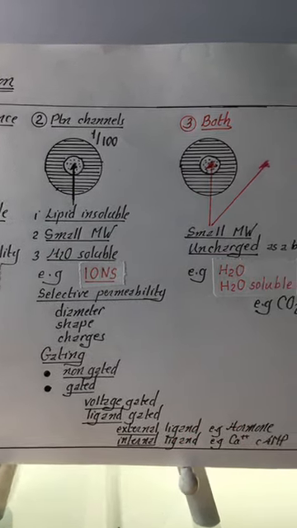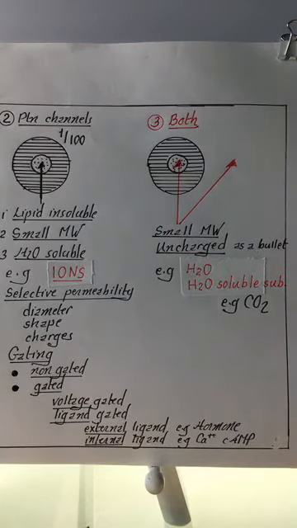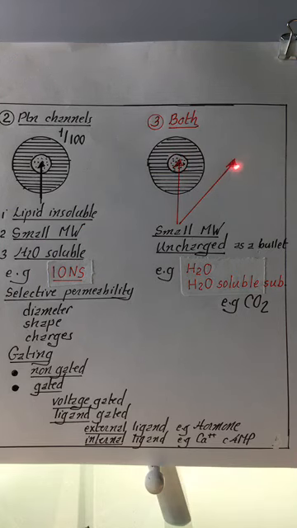Now we come to the third way of simple diffusion, which is to pass both in the lipid substance and protein channels. I always say, what are the examples of the substances that can pass in both the lipid substance and the protein channels?